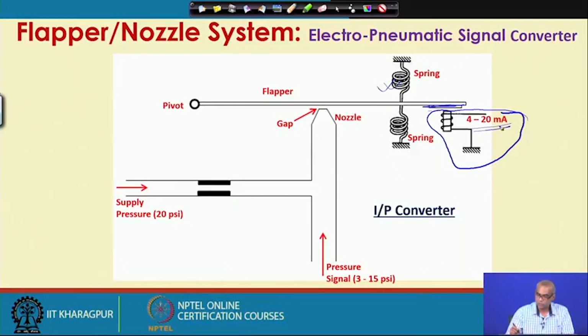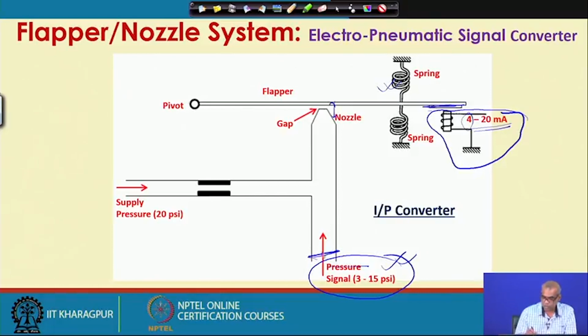So, corresponding to 4 milliampere current, a particular gap will be present, and accordingly a particular pressure will be produced as output pressure. Sorry, this is signal pressure. This is output pressure.